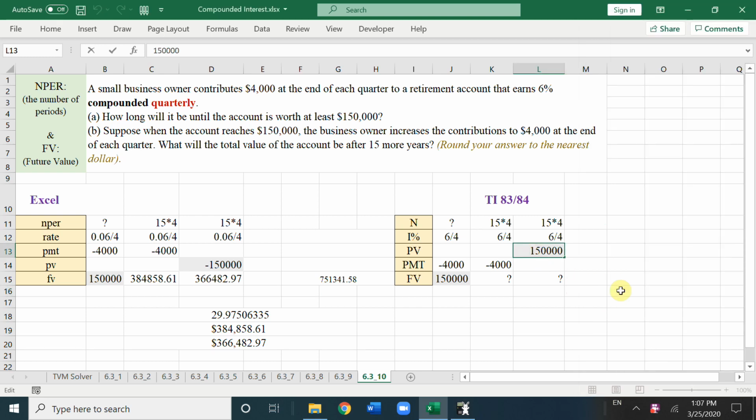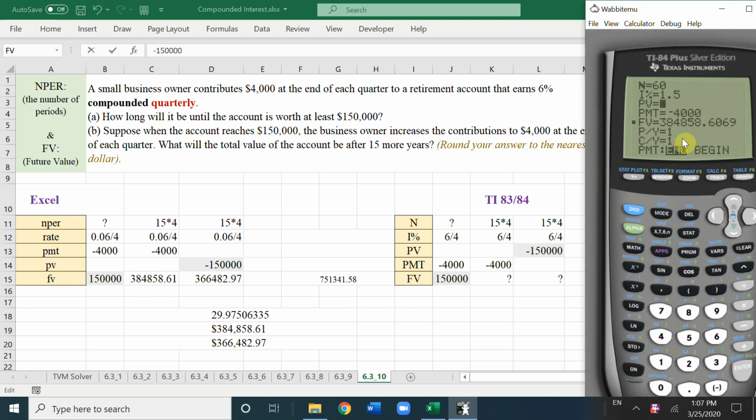It's negative. So the present value is negative 15, then 4 zeros, and the payment is 0 and the future value, choose 0, then alpha, enter. So you get the second. So your answer for B is this money plus this money. I hope this video helps.